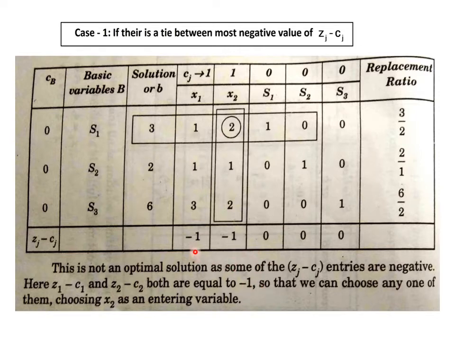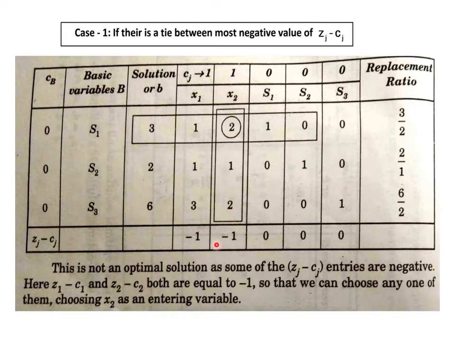So it's about a tie between the mainstream variables x1, x2, x3, x4, that is, x series variables are actually mainstream variables of the problem. So whenever there is a tie between mainstream variables with most negative value of Zj minus Cj, then any of the variables can be picked as an entering variable for next table.